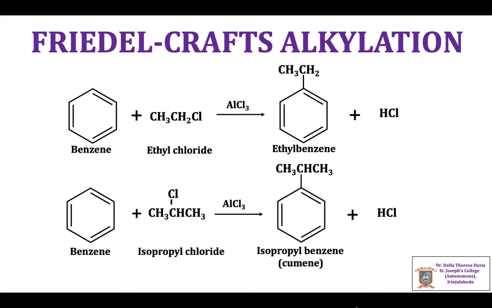If we take ethyl chloride instead of methyl chloride, the product obtained is ethyl benzene. And benzene reacts with isopropyl chloride to give isopropyl benzene. The molecule is otherwise called cumene.